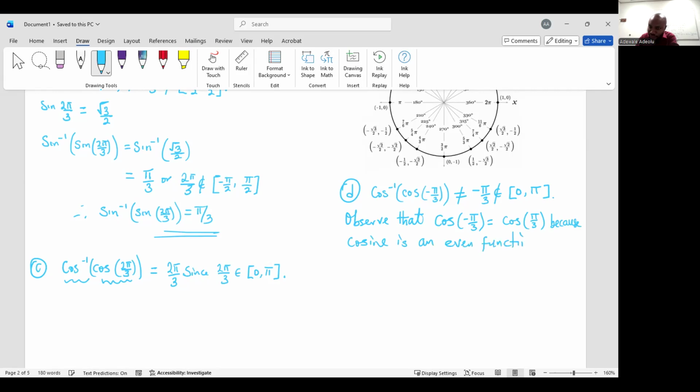We can use that, right? Now, if that is true, that implies that cosine inverse of cosine of negative pi over 3 is the same thing as cosine inverse of cosine of pi over 3.